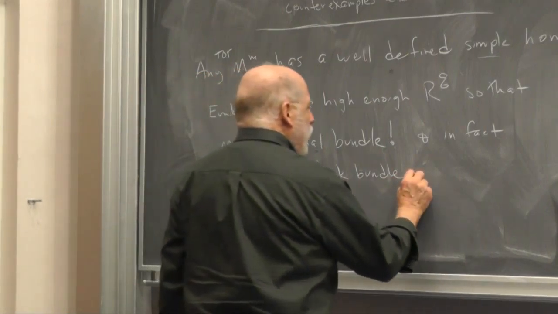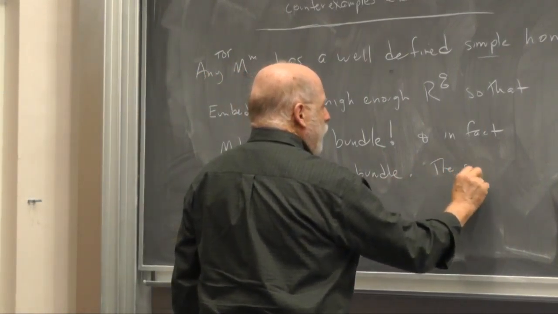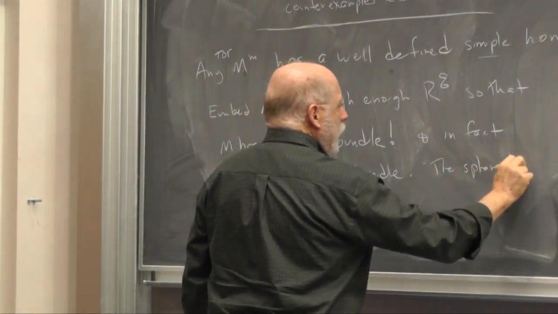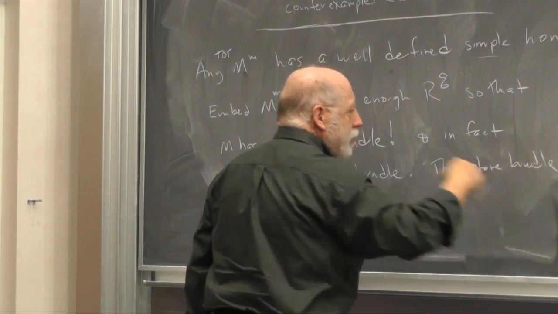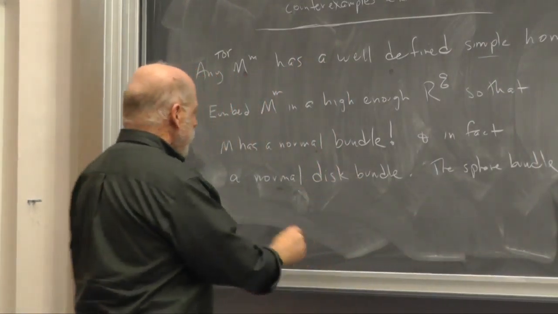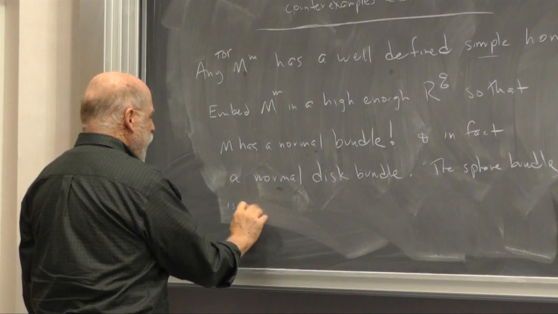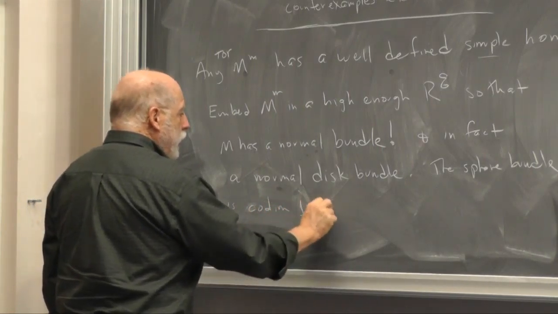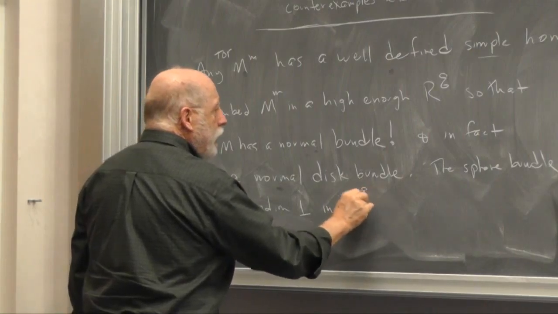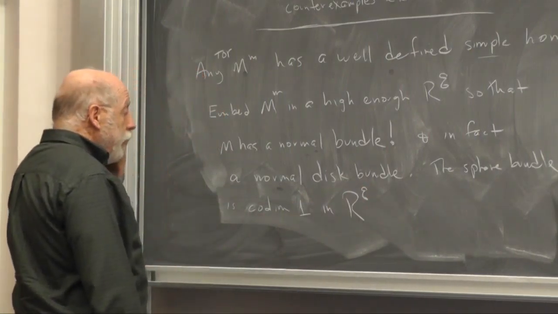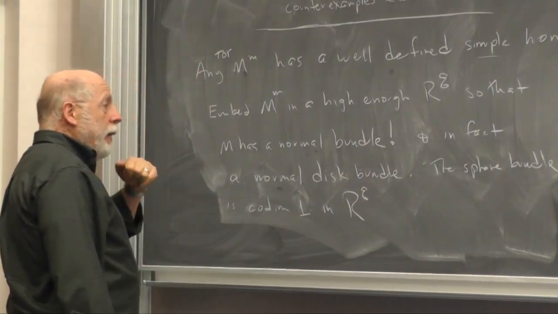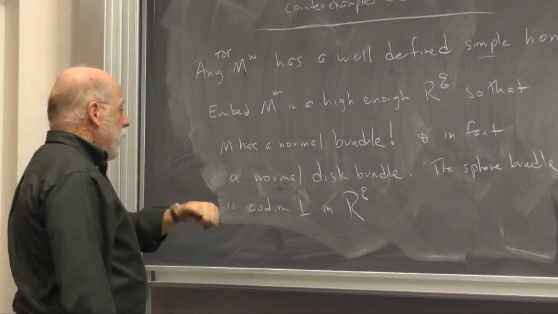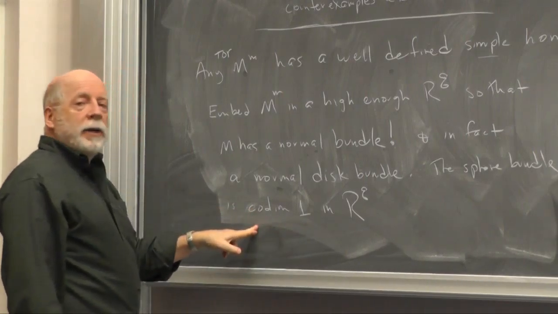So now, the sphere bundle, that's the boundary of the disk bundle. The sphere bundle is codimension 1 in this high dimensional Euclidean space, high enough, and it has a normal R bundle.